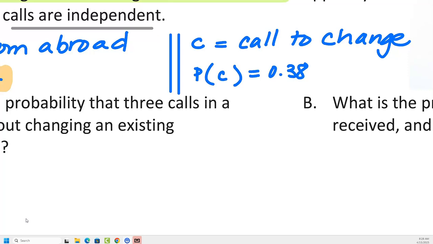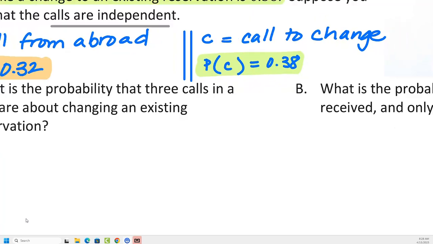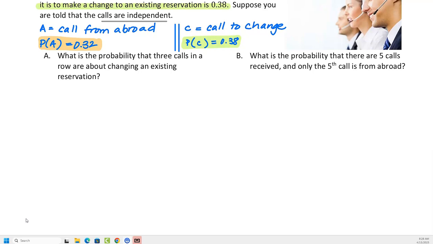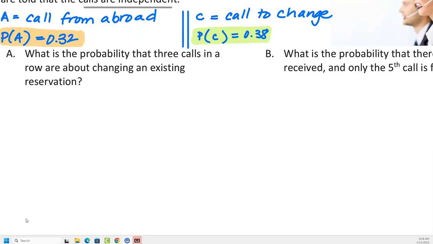Sorry. That'll help me keep straight abroad and change, A and C. So what's the probability that the 3 calls in a row are changing an existing reservation? We're trying to find the probability that the first call is a change, and the second call is a change, and the third call is a change.